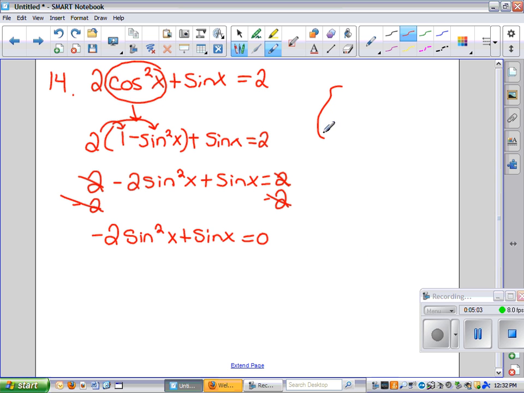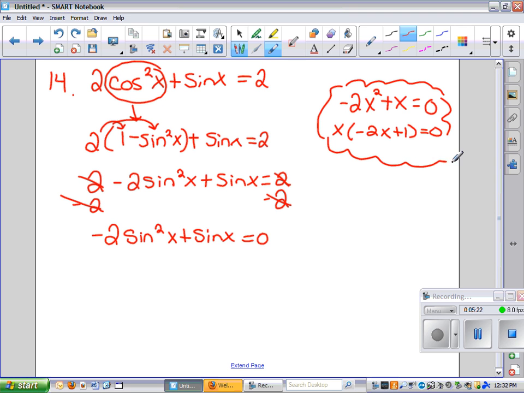If I'm thinking of it without the signs, I have negative 2x squared plus x equals 0. I could factor out an x, and I'm left with negative 2x plus 1 equals 0.